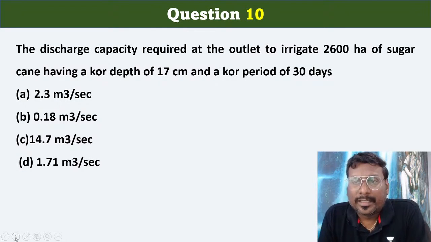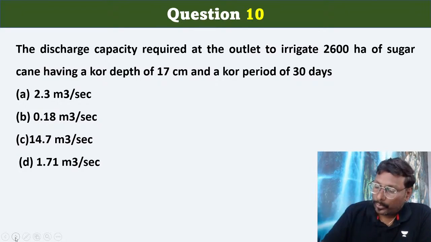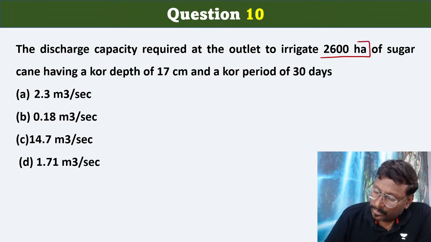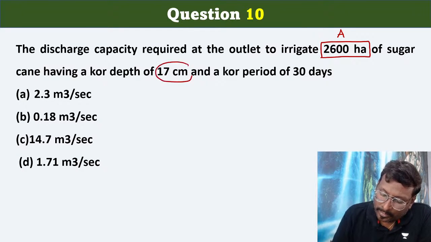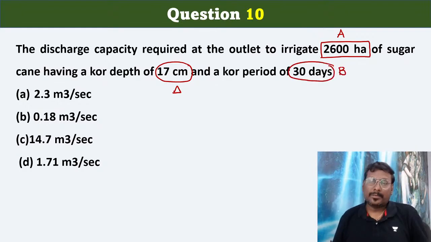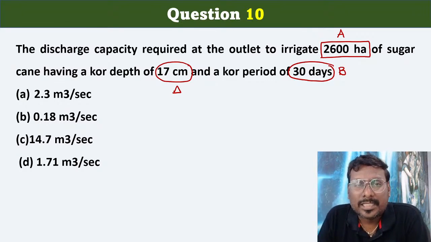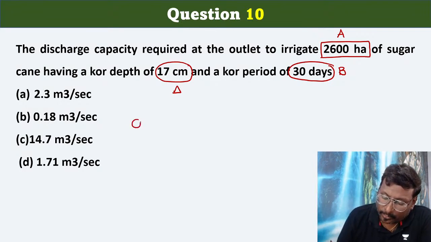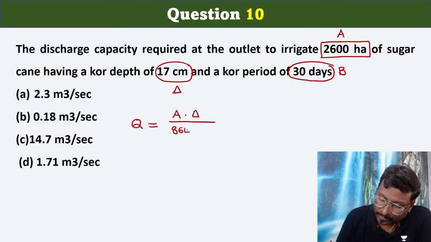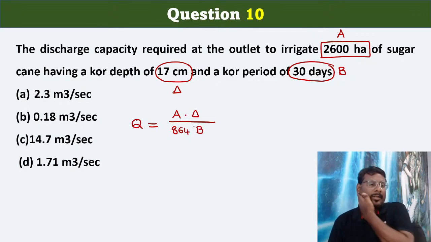Discharge capacity required at the outlet to irrigate 2600 hectares of sugarcane, kor depth 17 centimeter, delta, kor period 30 days. You remember one shortcut formula given? Discharge is equal to A into delta by 864B. Remember this?